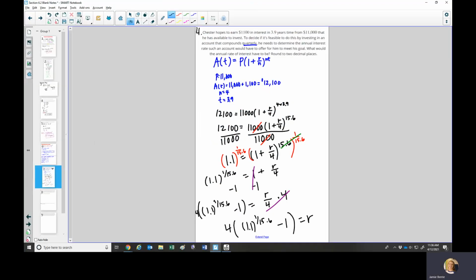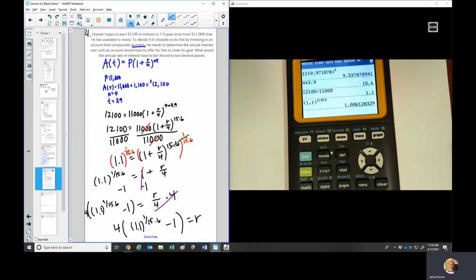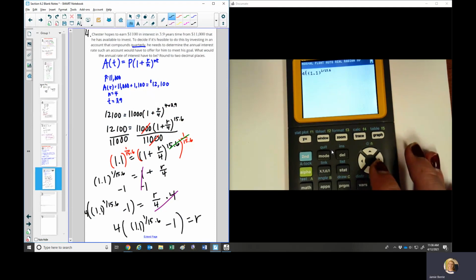All right, so let's plug this in. 4, parentheses, then a parentheses again, 1.1 raised to the 1 over 15.6. Use the little arrow to get out of the exponent. Minus 1, close parentheses. I just typed it in exactly as I had it written there.